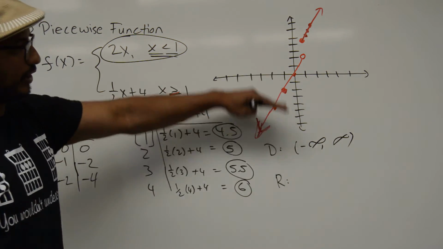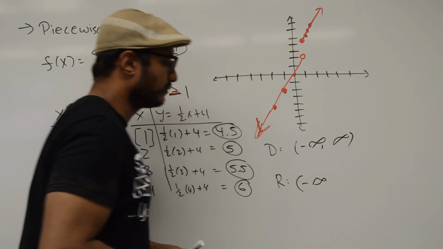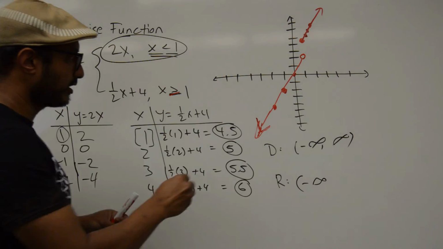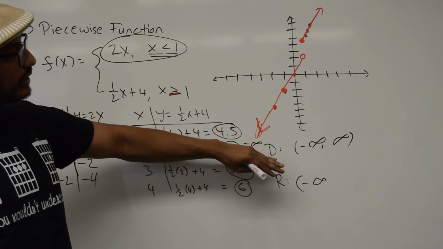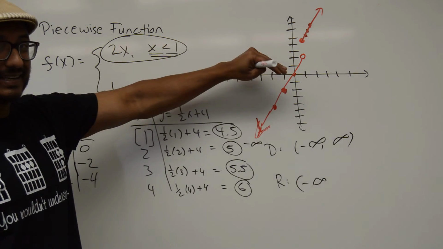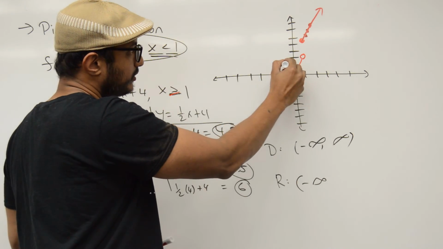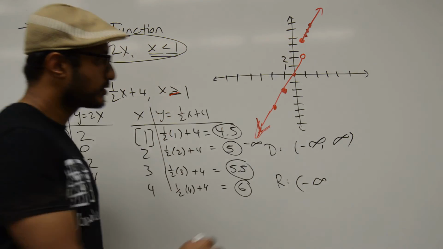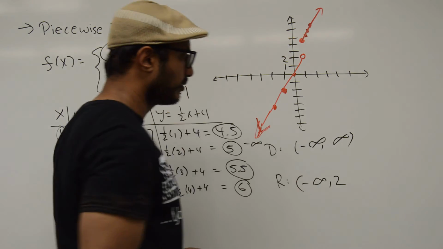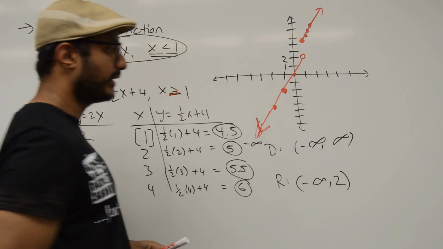So on the lower side, your range is going to go to negative infinity. Now it keeps going, keeps going, keeps going, and guess what? It stops there. It stops at y equals 2. This is y equals 1, y equals 2. This graph stops here. So this first graph only goes until 2. And because we have an open circle, I'm going to use a parenthesis.